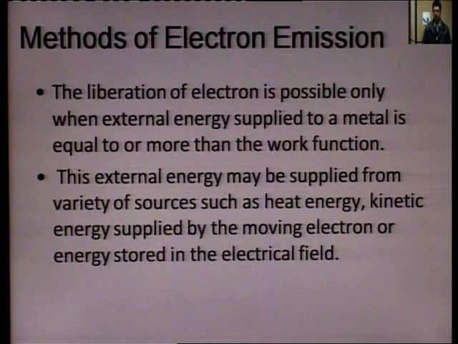Next is the method of electron emission. The liberation of electrons is possible only when external energy is supplied to the metal. The amount of energy required by an atom to liberate an electron is called the work function. This energy can be supplied by heating the metal, by bombarding the atoms with high speed electrons, or by applying electric fields.